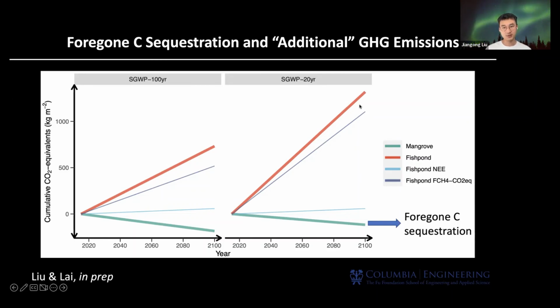In this study, we suggest that the aquaculture ecosystem can be a hotspot for greenhouse gas emissions, whose strength can be much higher than this foregone carbon sequestration. For example, our fishponds are really a hotspot for methane emissions.